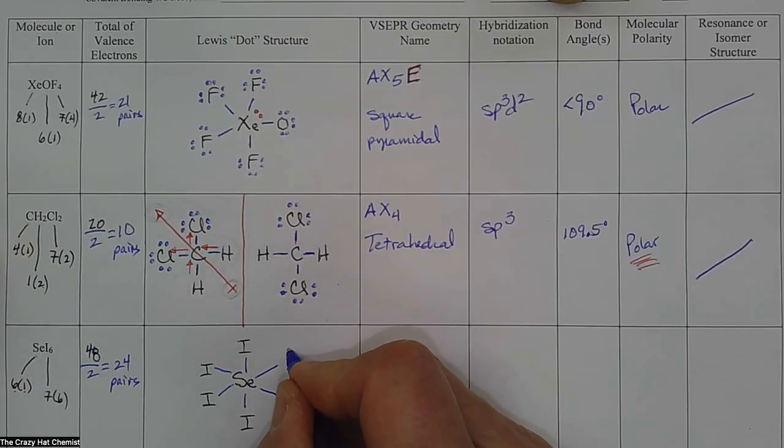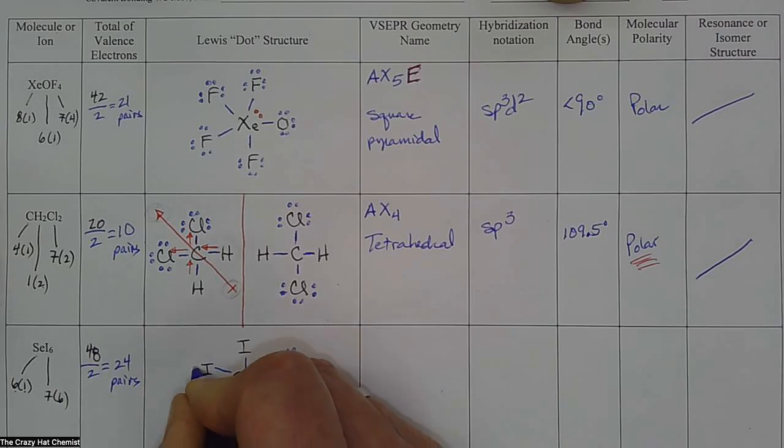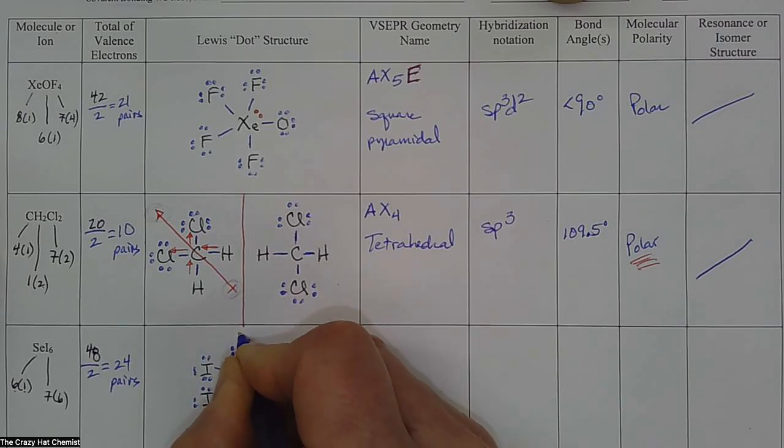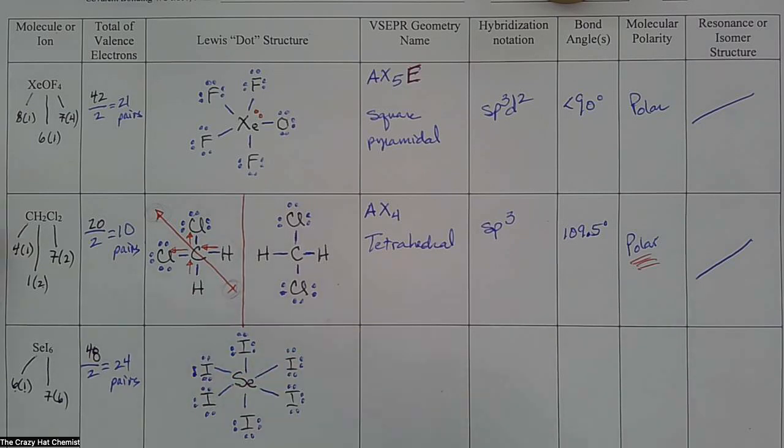So that's 6, 7, 8, 9, 10, 11, 12, 13, 14, 15, 16, 17, 18, 19, 20, 21, 22, 23, 24. So I have used up my 24 pairs of electrons.